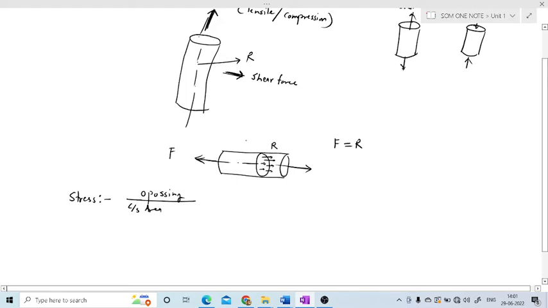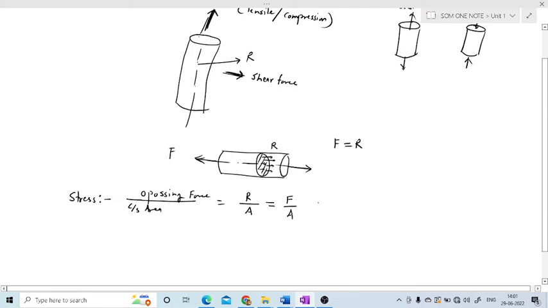The opposing force that we applied here in this example is R, and consider the area of this section is A. So it is the force divided by area, and up to a certain limit this R is always equal to the applied force. So we can say that stress is force divided by area. The definition of stress is the force applied per unit cross-sectional area.